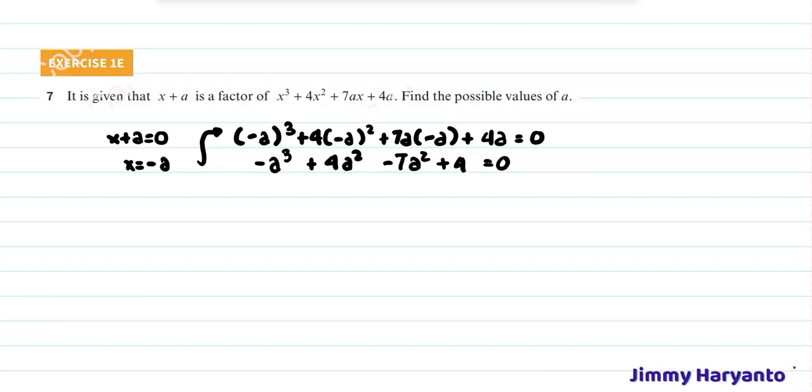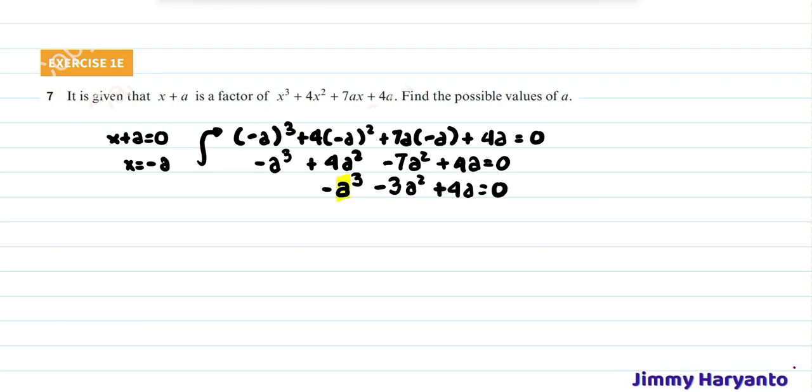And then after this, you can simplify the a squared. So you'll have negative a to the power of 3, negative 3a squared, and then plus 4a equals to 0. And then as you can see, we have a for each of the terms. That means we can factorize. I will factorize negative a, and then you'll have a squared plus 3a minus 4 equals to 0 as the result.